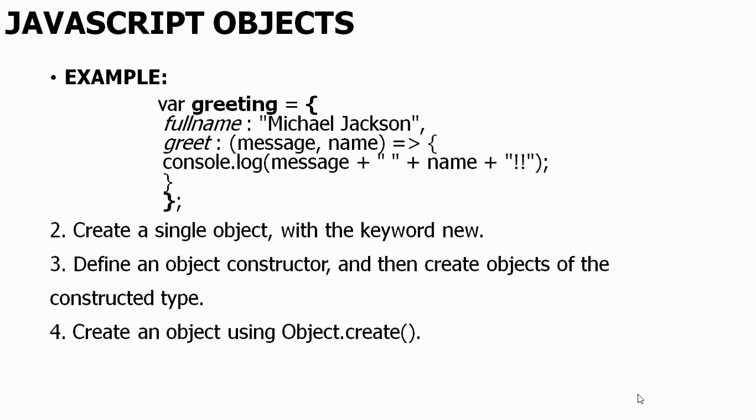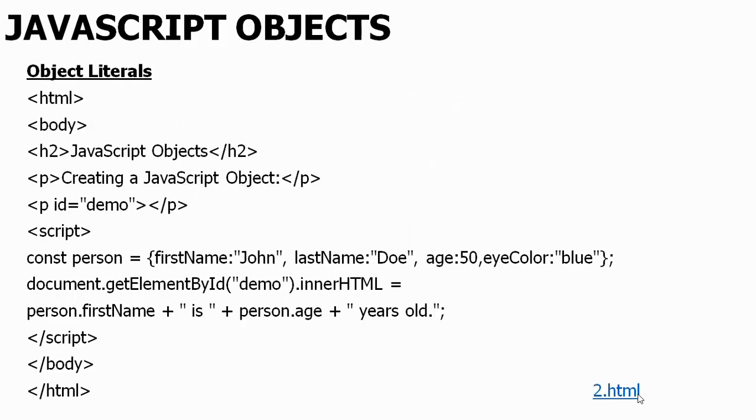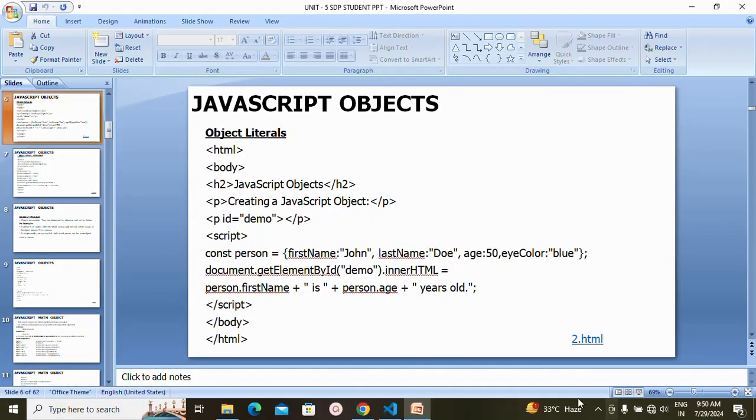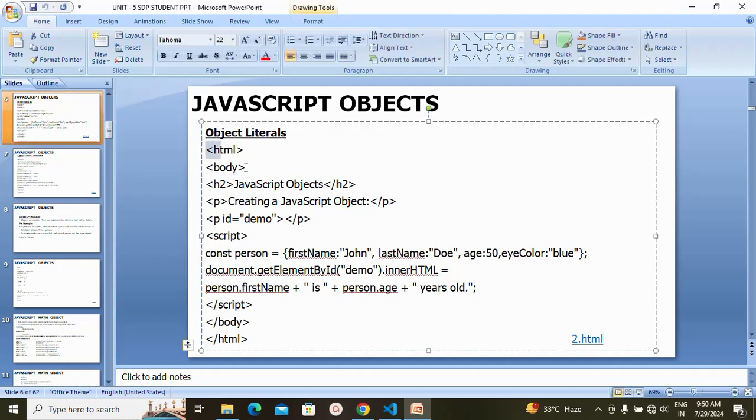This is your syntax. Create a single object with the keyword new: define an object constructor and then create objects of the constructor type. Create objects using Object.create. For example, this program in object literals we have to execute.